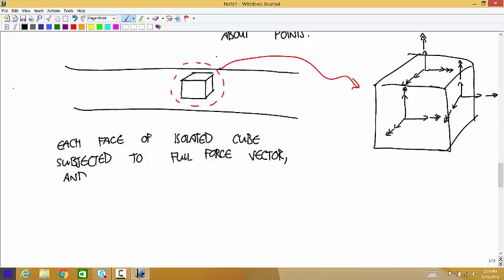We didn't see a lot of those in statics because we pretty much did everything in 2D. And these are due to the fact that the contact between each face and the surroundings is a fixed joint.